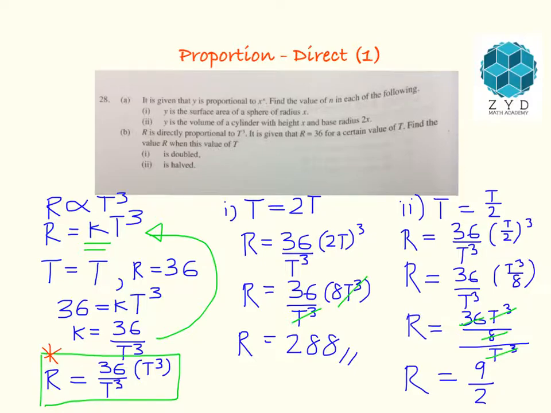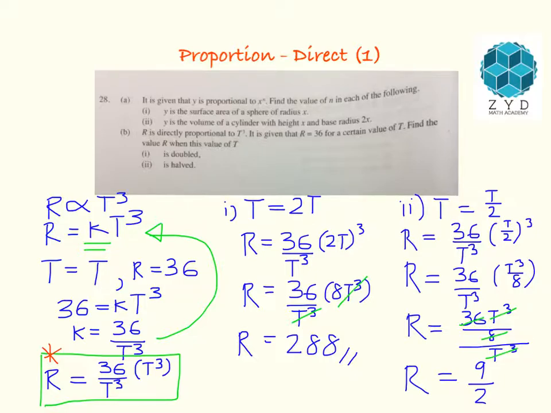Okay guys, so this is how we solve this direct proportion question. It is the trend in O-levels that they will not give you the value of t. Instead, they just say for a certain value of t it is this, or for a certain value of y, x is this, and so on.